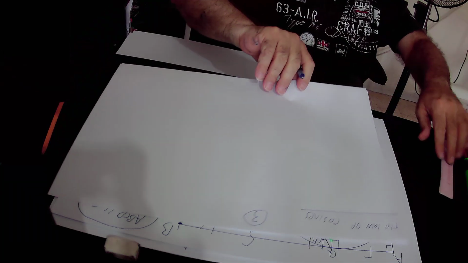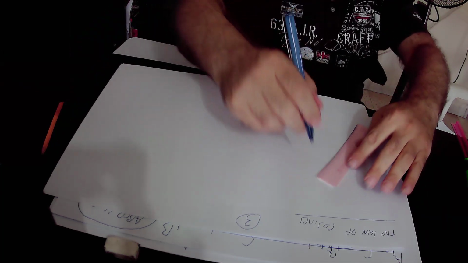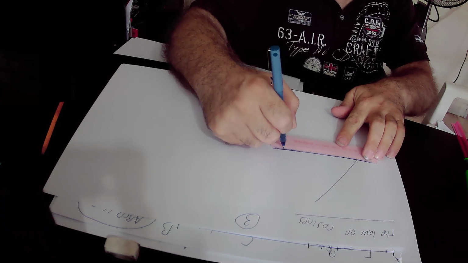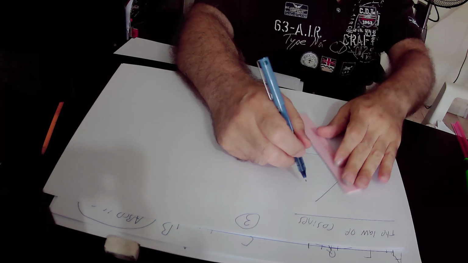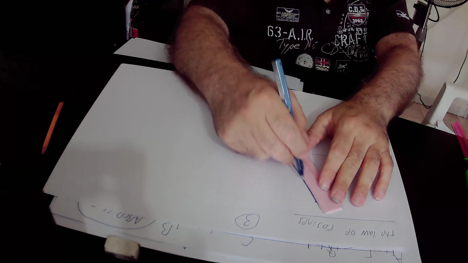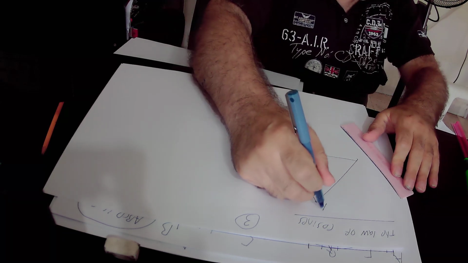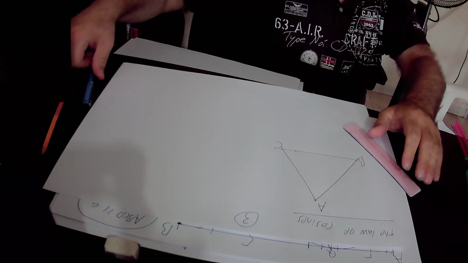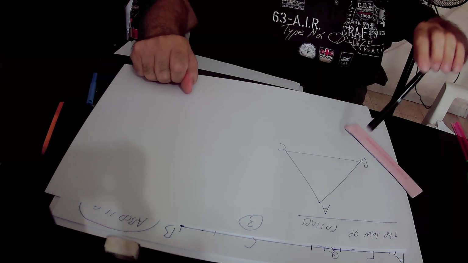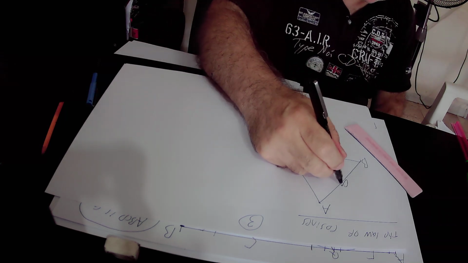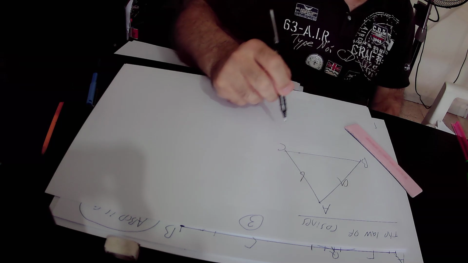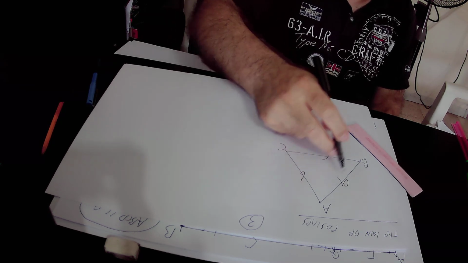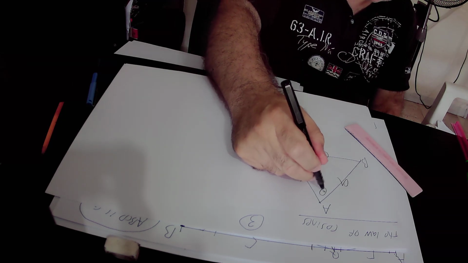So if we have triangle ABC that could be any triangle, the length of side AB is A units, the length of side AC is B units, and the side BC equals C units in its length, and the angle between side AB and side AC is theta.